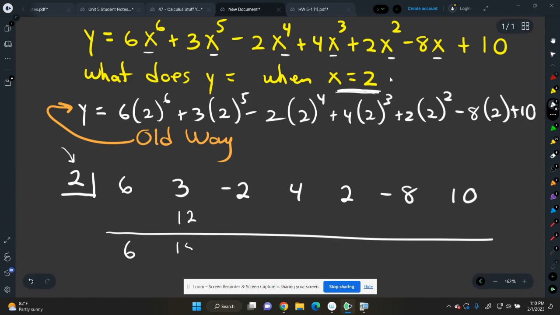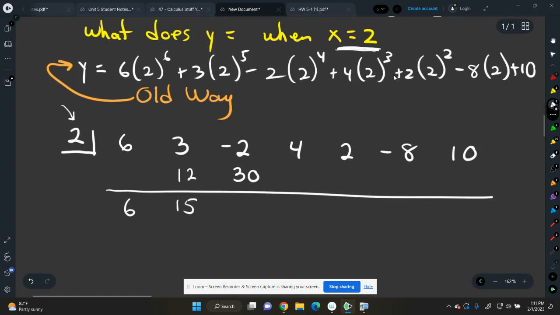And we add 15. And we multiply. And we get 30. And add 28. Multiply 56. Add 60. Multiply 120. Add 122.